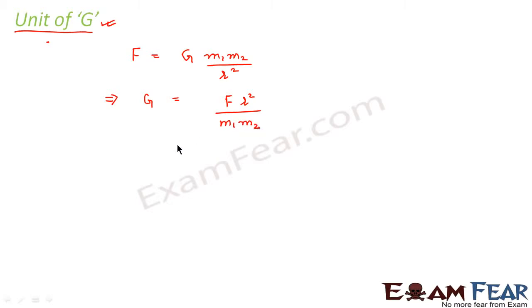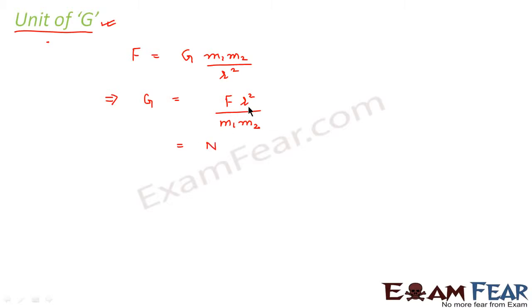Now we will discuss the unit of G. How do we get the unit of the universal gravitational constant? From the mathematical expression, we know that F is equal to G m1 m2 by r square. So G is nothing but F r square divided by m1 m2. Now let us write these quantities in terms of their units. The unit of force is Newton.